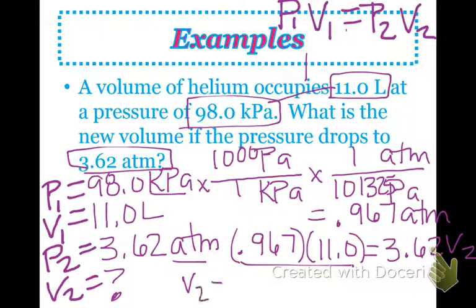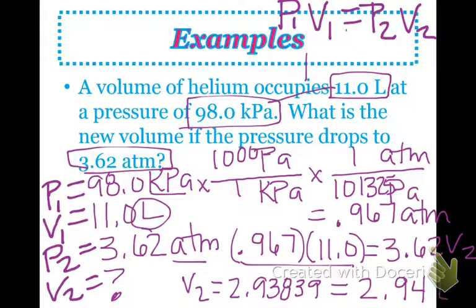V2 is equal to the calculator answer of 2.93839 and so on, but if we go back up, I can only have 3 sig figs, so 2.94, and again, look here, it's liters, liters, there you go.